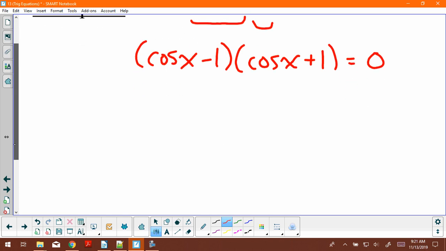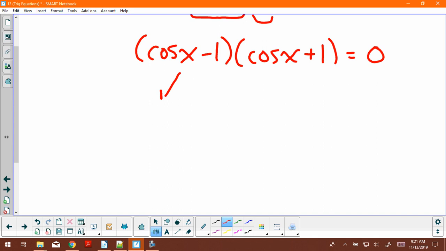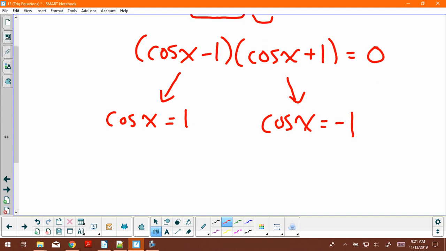So that means that either cosine of x is equal to 1, or cosine of x is equal to negative 1. We'll solve each of those separately. So x is equal to the cosine inverse of 1.